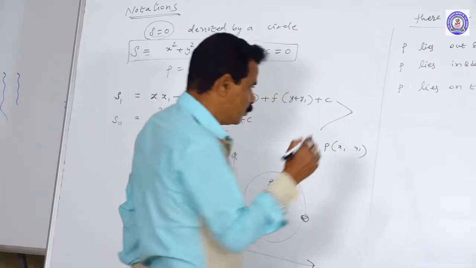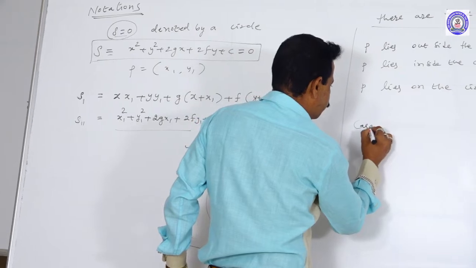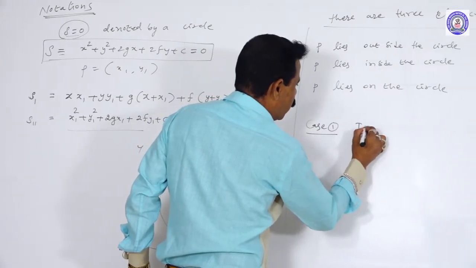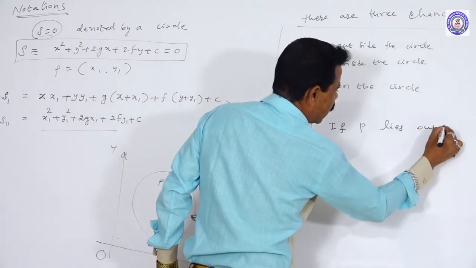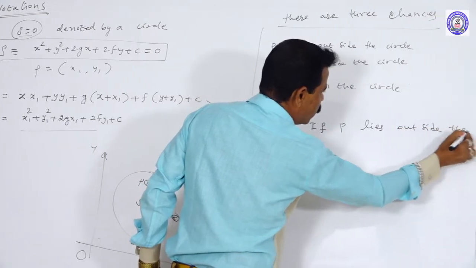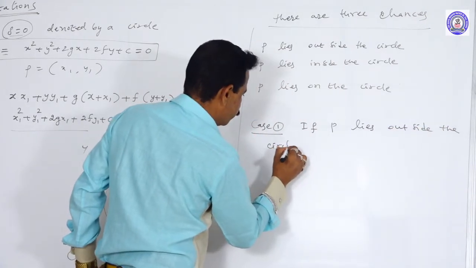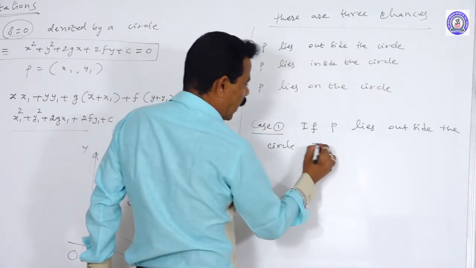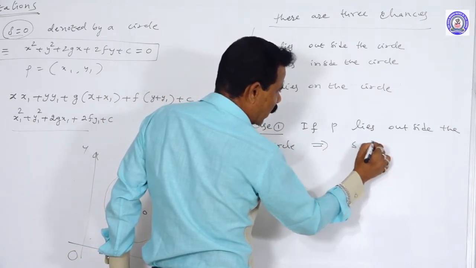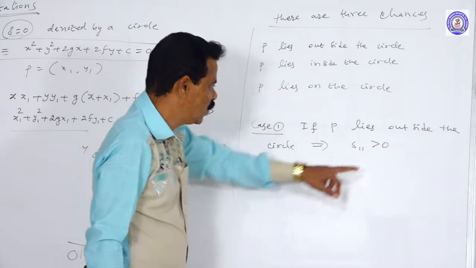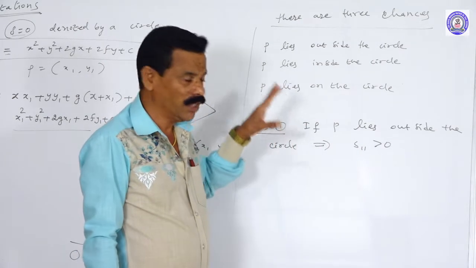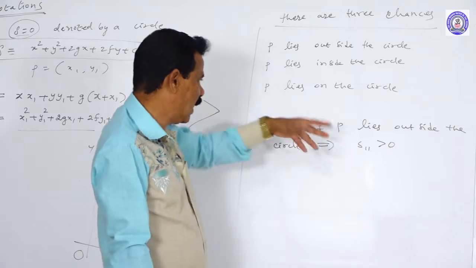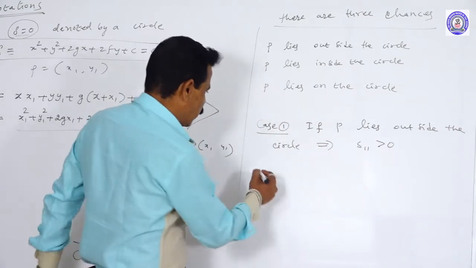Case 1: if P lies outside the circle, then S11 > 0. If S11 is positive, P lies outside the circle.